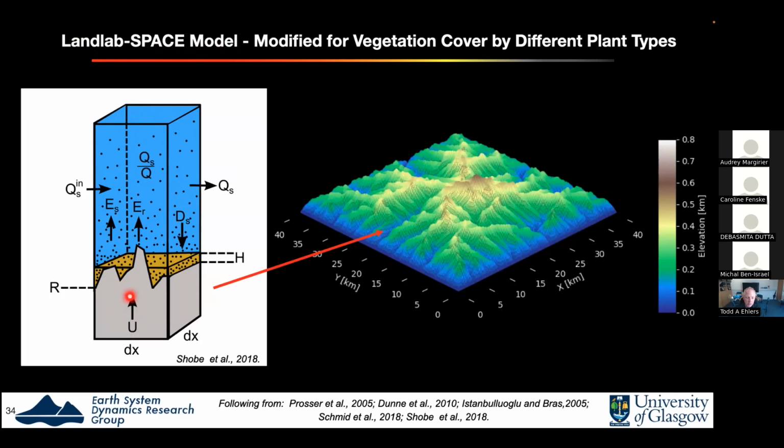So we have rock uplift occurring here. We can have sediment deposition that occurs. We can have sediment entrainment that occurs, or we can have entrainment of rock that occurs here. And all of this is a function then of accounting for the flow of water over this landscape, or in the case of hill slope processes, nonlinear diffusion of the sediment downslope here. So where does vegetation come in here?